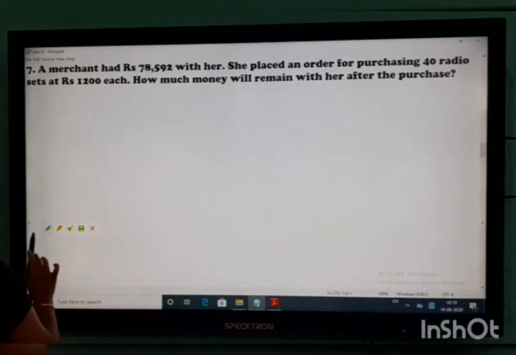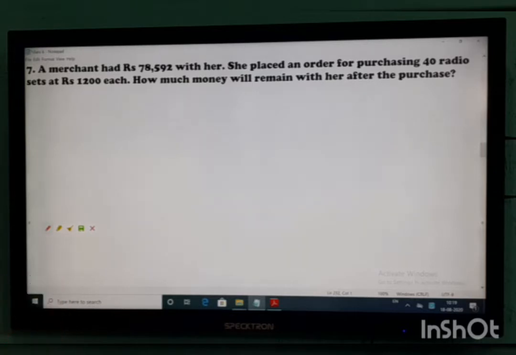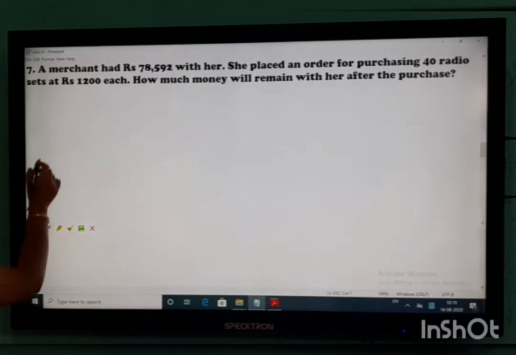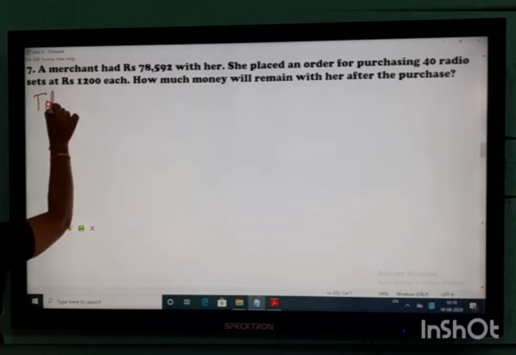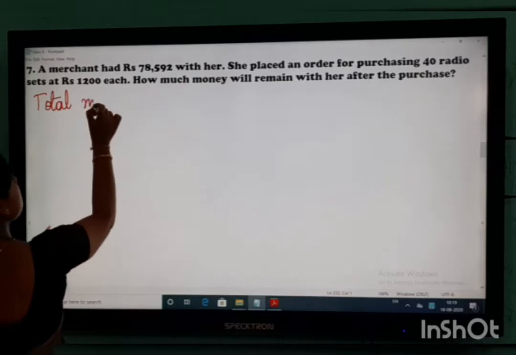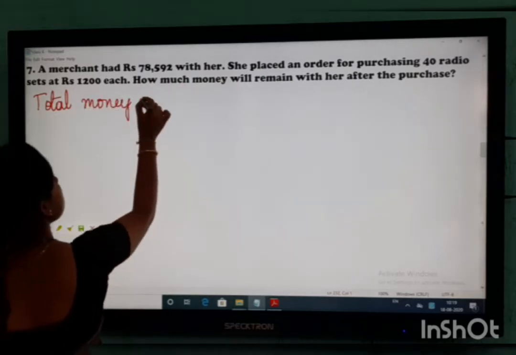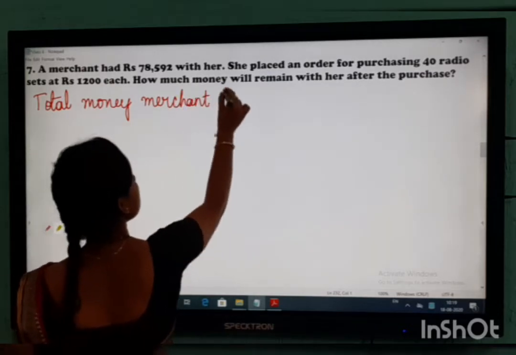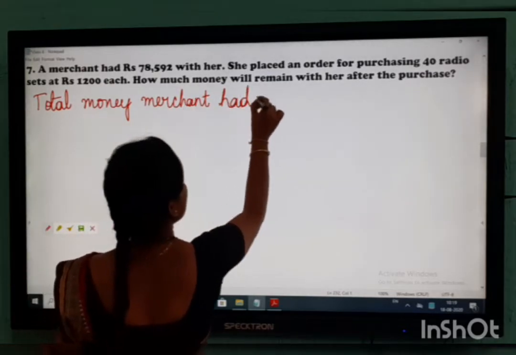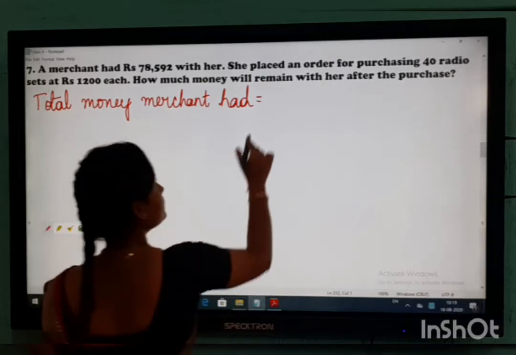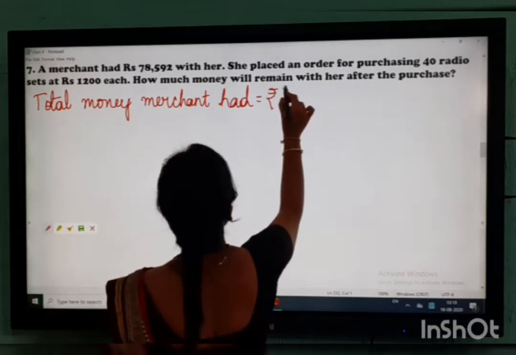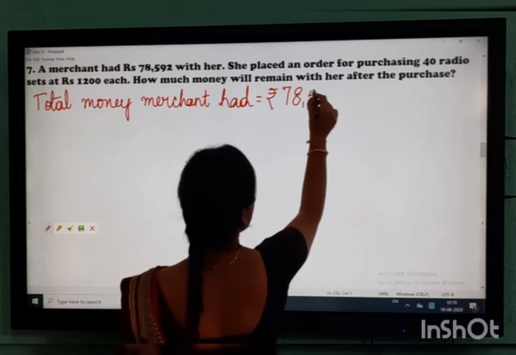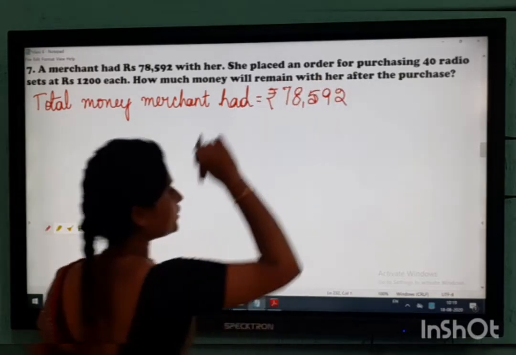See here. Now, we'll write the statements down. A merchant had rupees 78,592. So, we'll write down total money merchant had. What is the money merchant is having, children? Rupees 78,592.